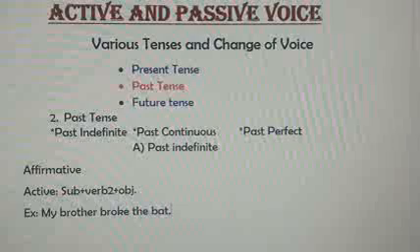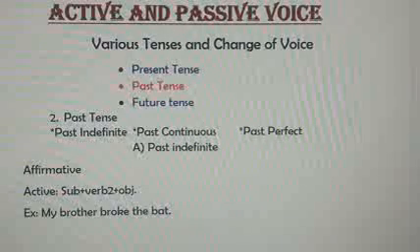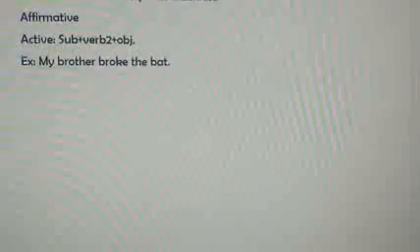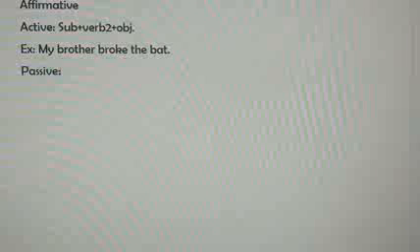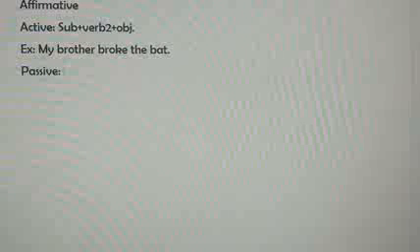Okay, and now what will I do? I will convert this sentence into passive voice with the help of passive structure. So what will be its passive structure? First of all, I need to place an object.